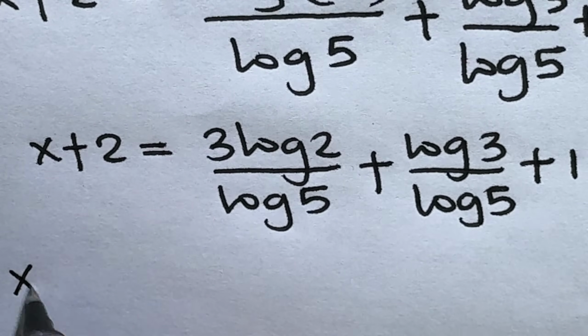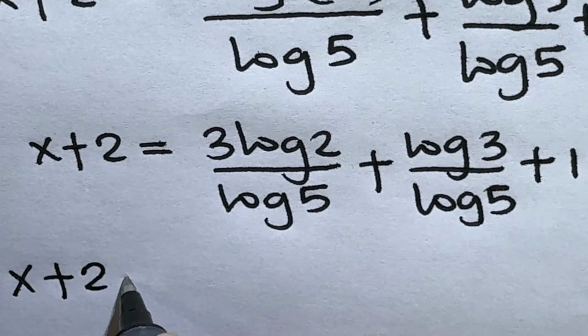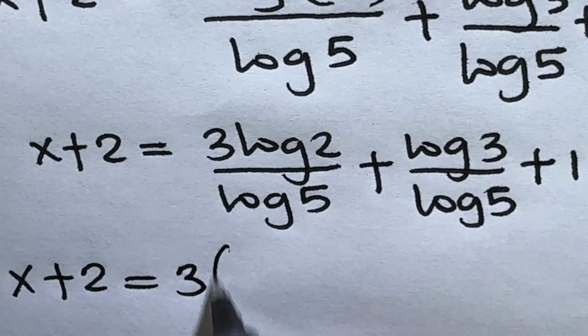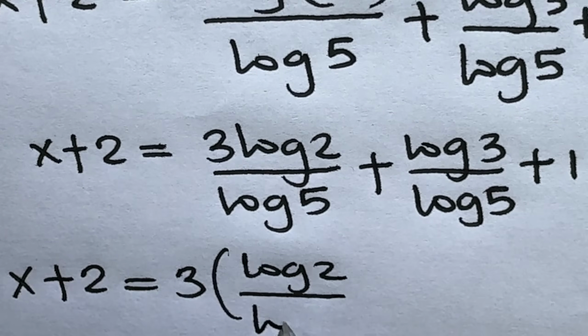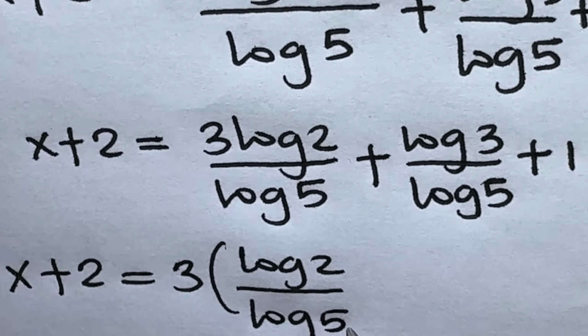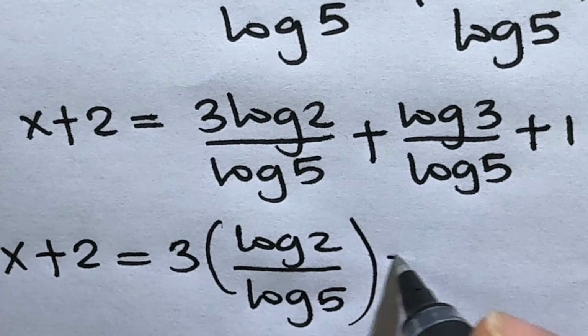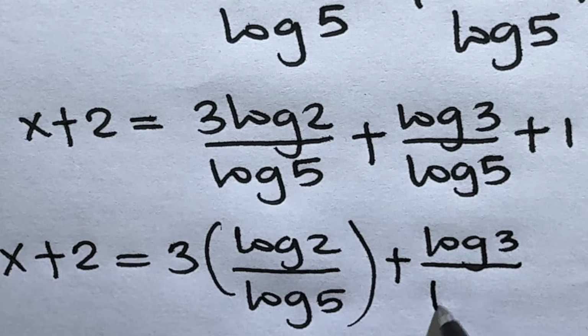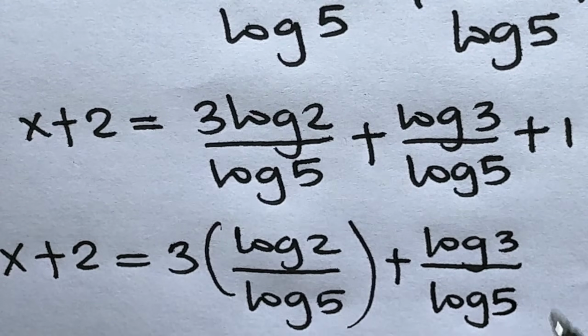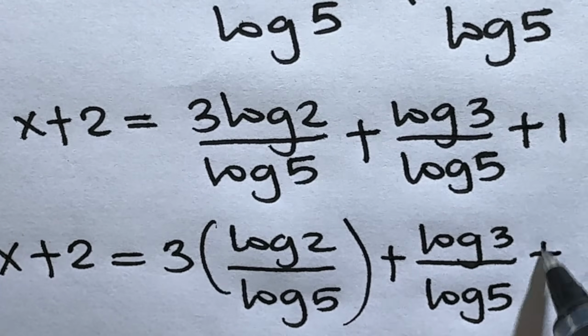X plus 2 is equal to 3 into log 2 divided by log 5, then plus log 3 divided by log 5, and then plus 1.